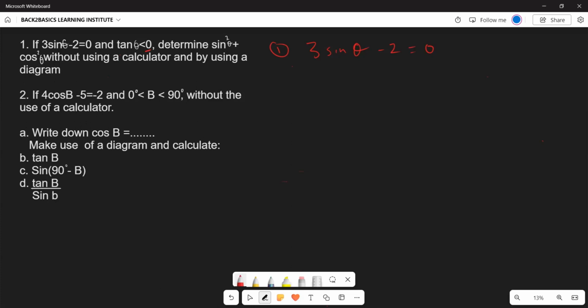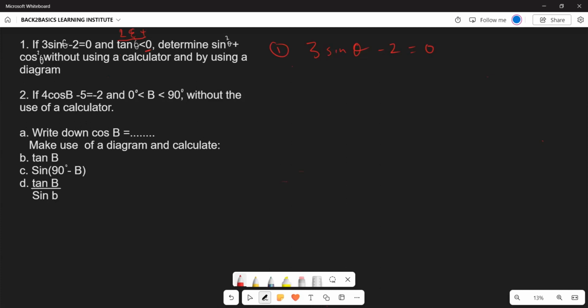And already you know that tan is only negative in which quadrants? In quadrant 2 and in quadrant 4, right? So you already know that this ratio is going to fall in quadrant 2 or quadrant 4. Okay, so now let's continue.